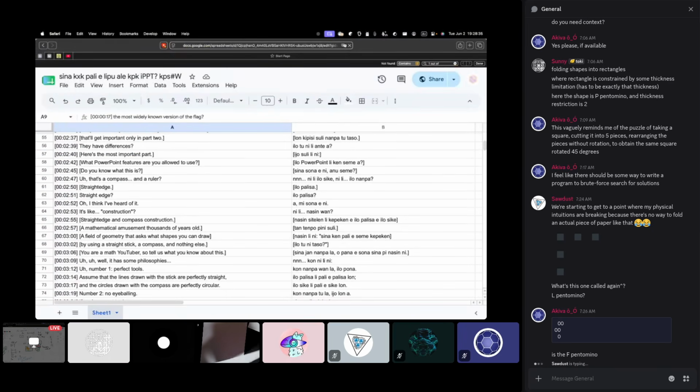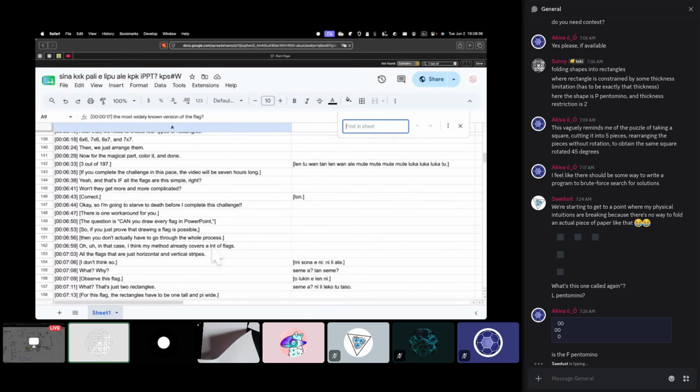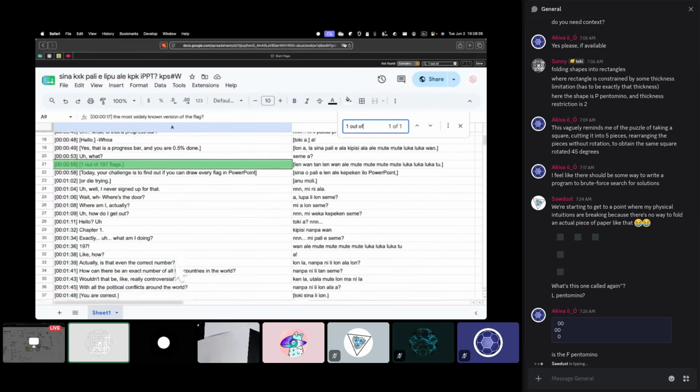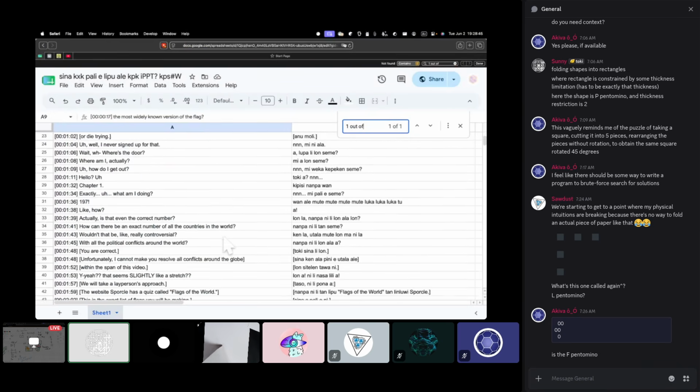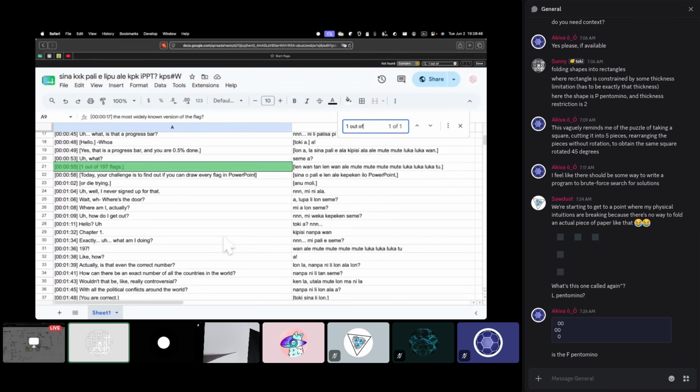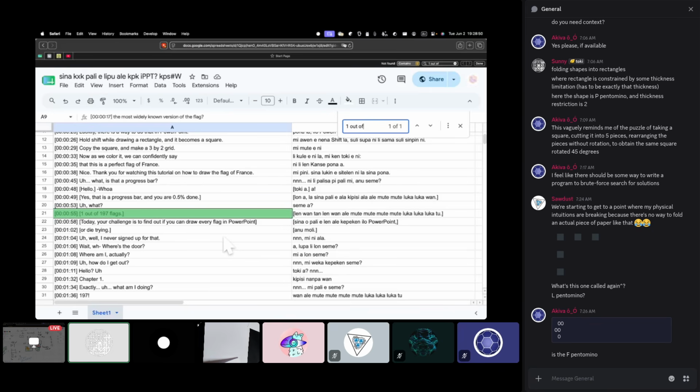Oh god, this is okay. Finally, okay. 4 out of 12 pentominos. Yes, that is a progress bar, and you are 33.3% done.